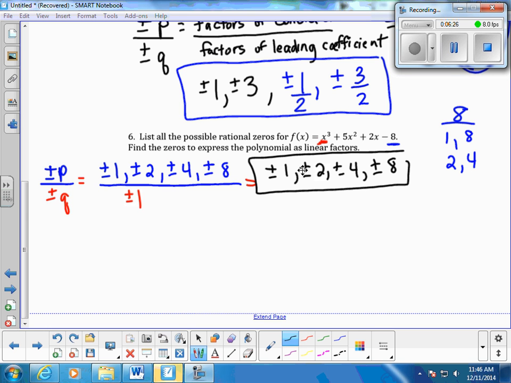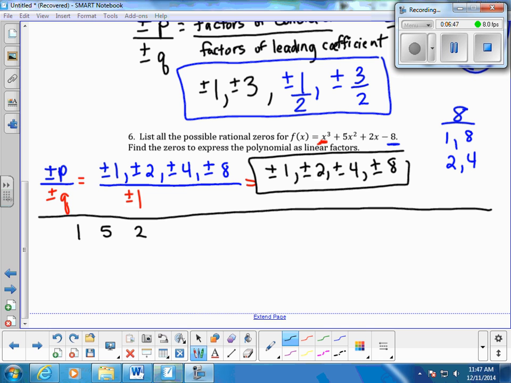Now out of all of these we need to figure out which ones truly are factors of this. So I'm going to take my original polynomial and I'm going to set up synthetic division. So let me draw a line because this is the second part. So right, I'm back up here. 1x cubed, 5x squared, 2x minus 8. Synthetic division. 1, 5, 2, negative 8.